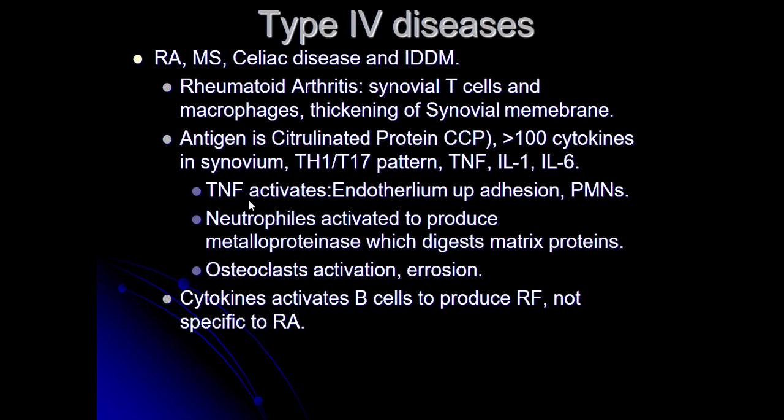Tumor necrosis factor then activates the endothelium, forming adhesions, and then PMNs, polymorphonuclear leukocytes, are going to be produced. The neutrophils get activated to produce what we call the metalloproteinase enzyme, which digests the matrix proteins and inflicts injury to the joint.